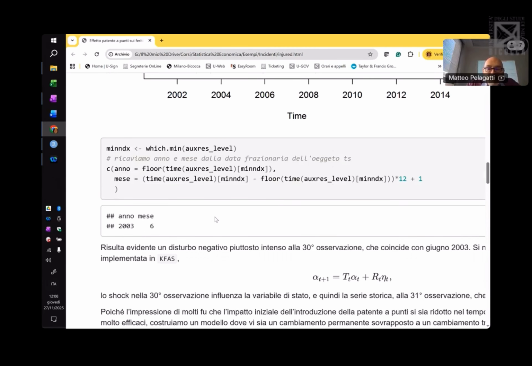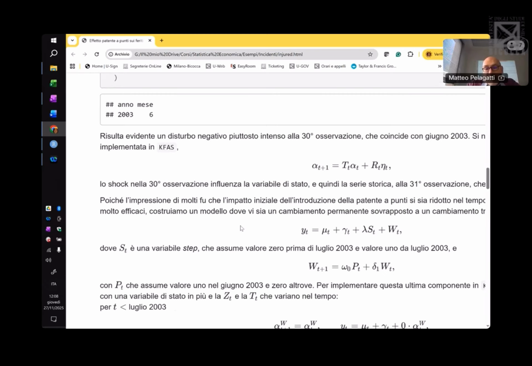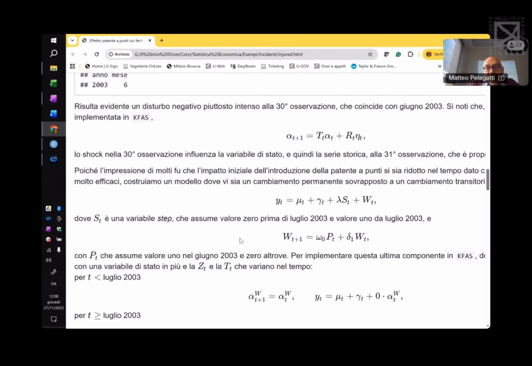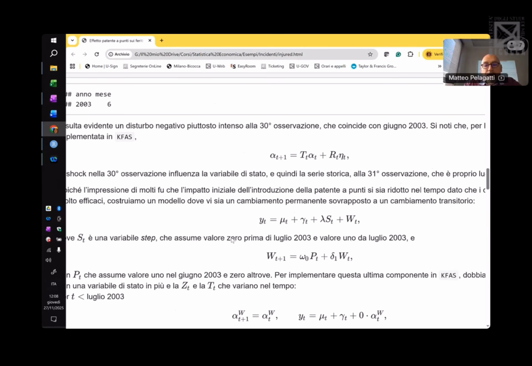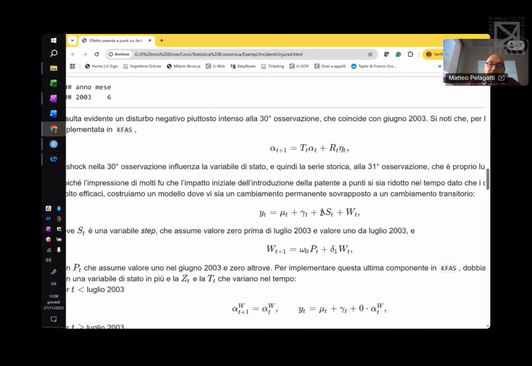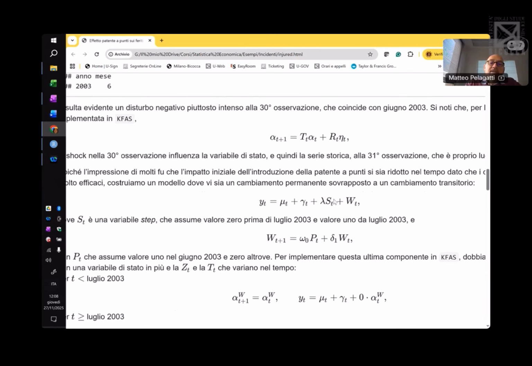Okay, so here there's the new thing. Probably you have to go through this a little bit to understand it. So we want to model two effects. The first effect is very simple. It's the effect of the step variable. The step variable, if you remember, is just a variable that is always 0, and then it becomes 1 starting from the date of the event.